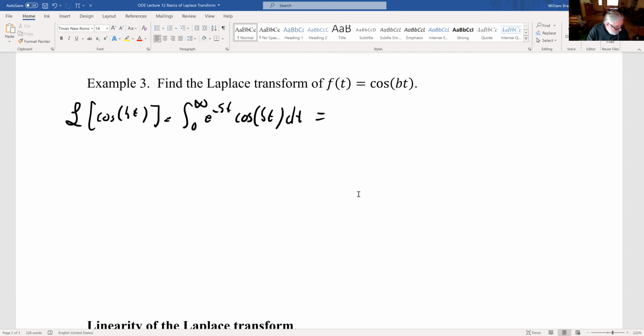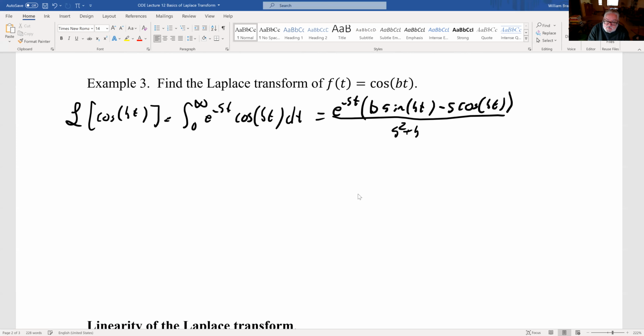We find out that this integral is e to the minus st times the quantity b sine bt minus s cosine bt in parentheses, all over s squared plus b squared, from 0 to infinity.